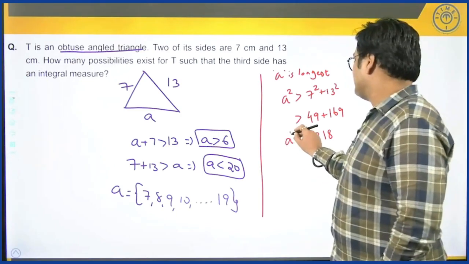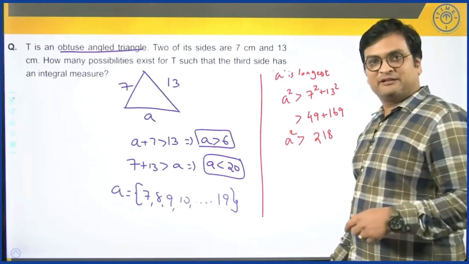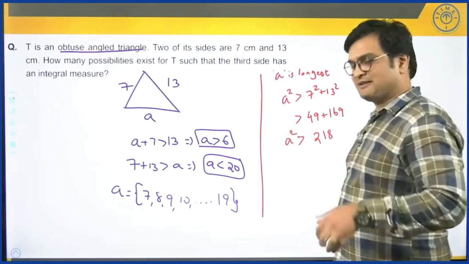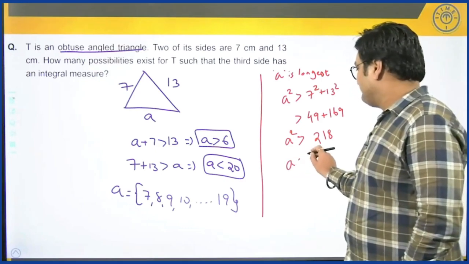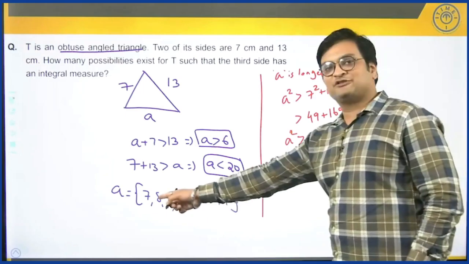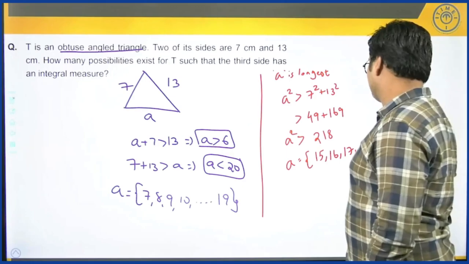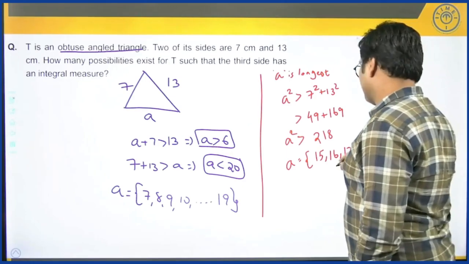So A square should be greater than 218. What could be the possible values? A cannot be 11, A cannot be 12, A cannot be 14, for example. A could be 15, because 15 square is 225. So 15 to any higher value till 19, because I cannot go beyond 19.